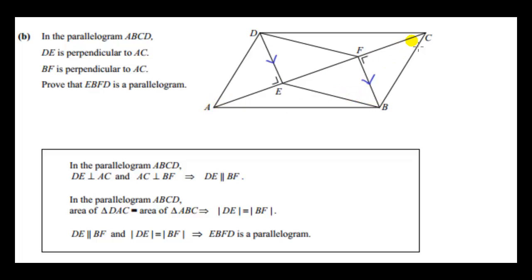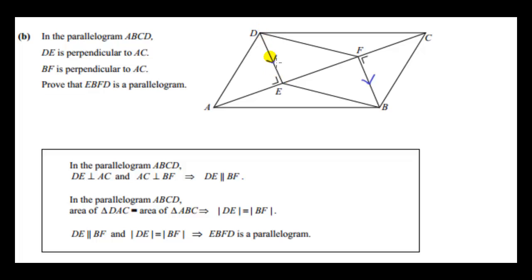Now AC is the diagonal of the parallelogram ABCD, and we know that the diagonal bisects the area of a parallelogram. So the area of this triangle here is the same as the area of this triangle here. So how would we get the area of these two triangles? Well, we could use the diagonal as base. So for example, to get the area of triangle DAC, we'd multiply the base, which is AC, times the perpendicular height DE.